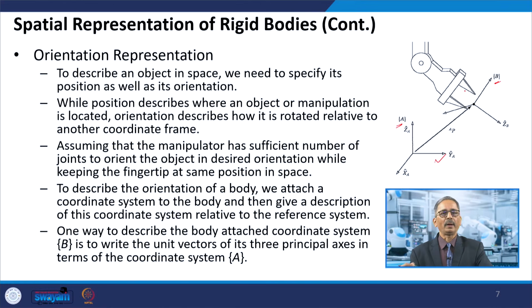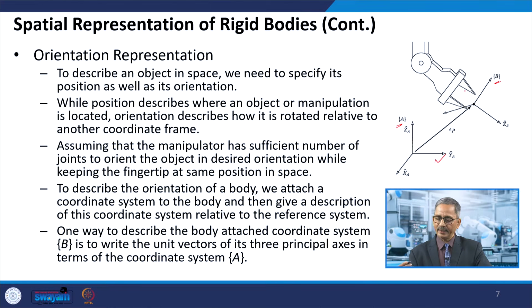We can assume that the manipulator has a sufficient number of joints to orient the object in the desired orientation while keeping the fingertip at the same position in space. This is what I said: in one position you can have multiple orientations.